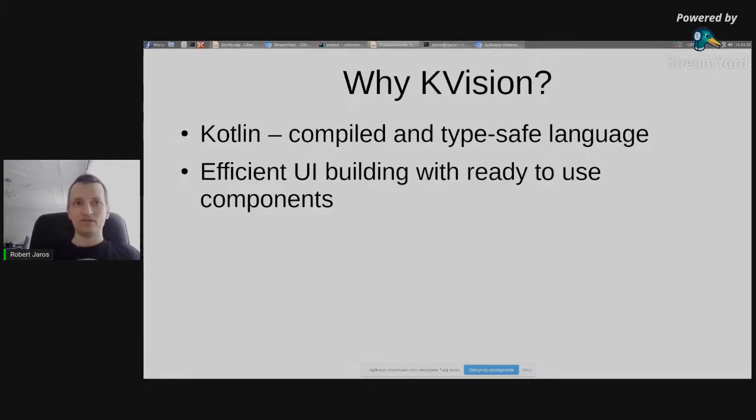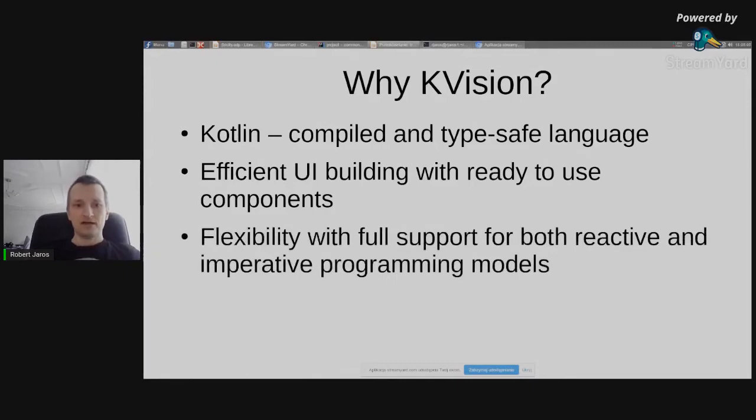And KVision allows you to focus on your main task and not on your user interface's internal details. Also, KVision is very flexible. It has full support for both reactive and imperative programming models. KVision allows you to build your application's architecture the way you want. It allows you to manage the state the way you like.